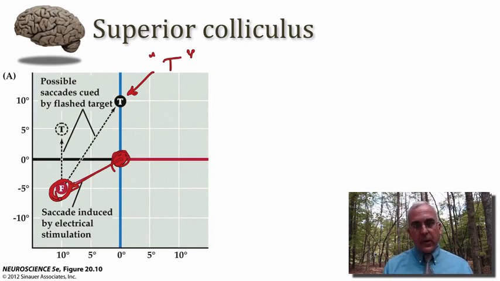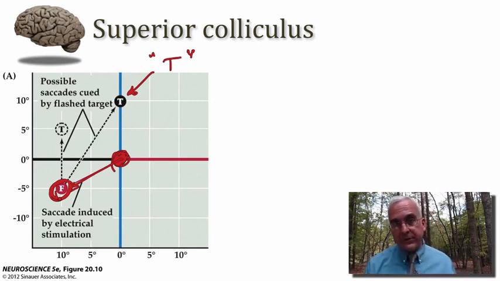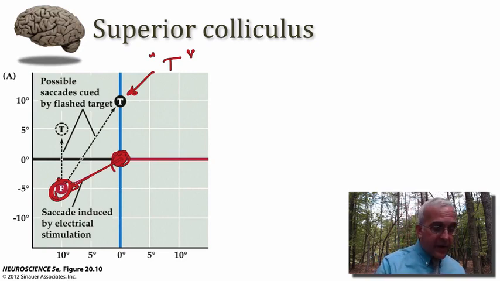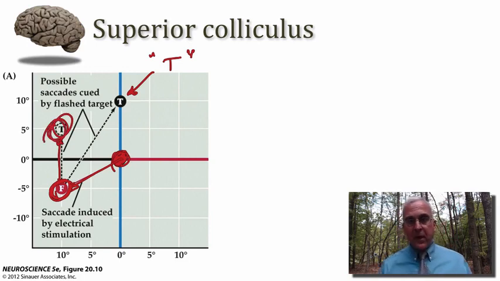And so the question is, what's going to happen when the monkey actually makes the saccade to the location of the target? If the motor map is being worked out in sensory coordinates, then one might imagine that the saccade the monkey makes is according to a retinotopic-based framework of simply moving up, because after all, that's where the sensory stimulus was presented to the animal, up along the vertical midline.